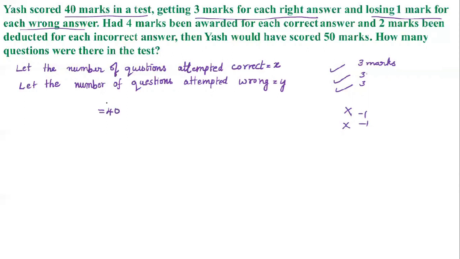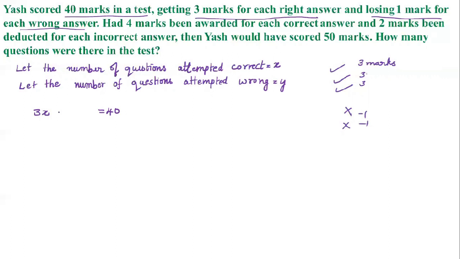So in total he got 40 marks, with 3 marks for each right answer. He attempted x questions correctly, so for x questions he will get 3x marks. One question 3 marks, so x questions 3x marks.